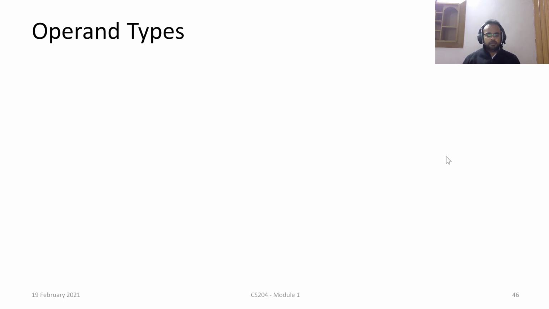Right now, why do we have so many different types? Let's try to answer that question. In an instruction, we have the operation and operands, and operands are the data on which we want to perform that specific operation, right?